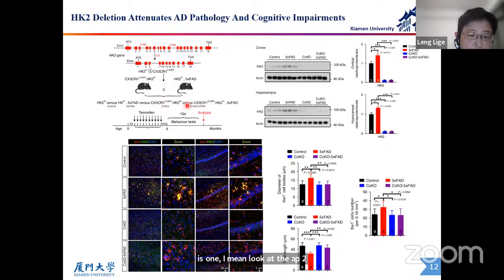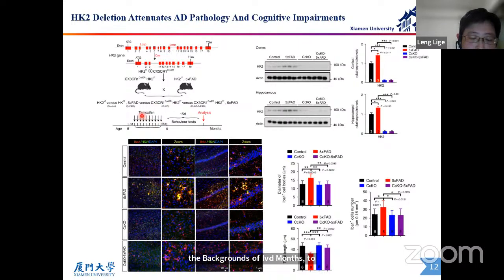To explore the role of microglial HK2 in AD pathogenesis and progression, we first generated HK2 flox mice and then crossed them with CX3CR1 mice in the background of FAD mice to ablate HK2 in microglia.